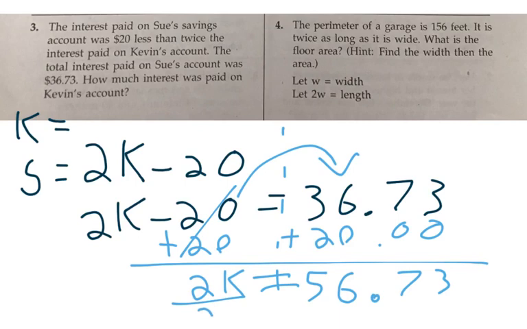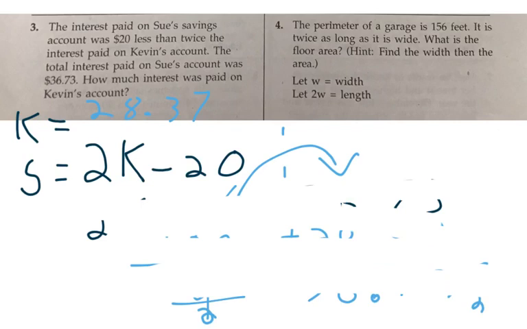I'm multiplying it by 2, so the opposite of that is dividing it by 2. So 56.73 divided by 2 is $28, and it's 0.365, so we're going to round that up to 37 cents. So how much interest did Kevin pay? $28.37.